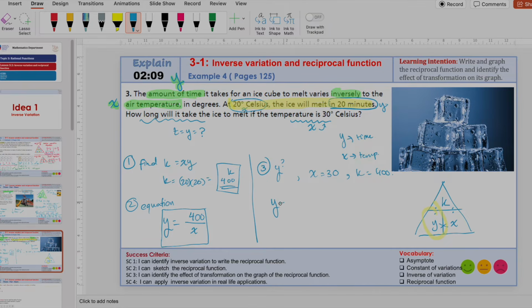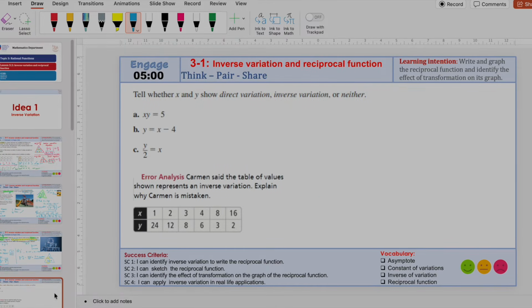So to find y, just divide k by x. So the k is 400 divided by 30, which is gonna be 40 divided by 3, 13.3. That's the amount of time in minutes. Please put the unit, Banat. That's it. Easy. Super easy. This lesson is easy, like really easy.